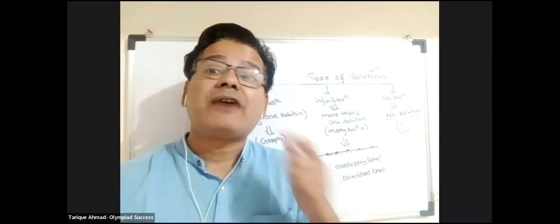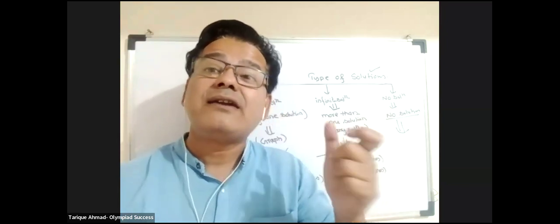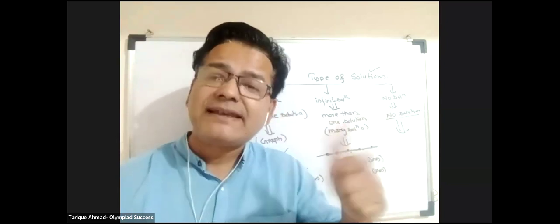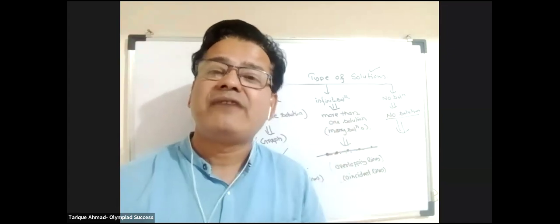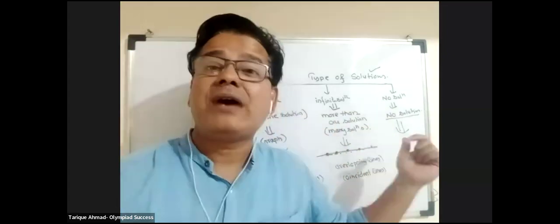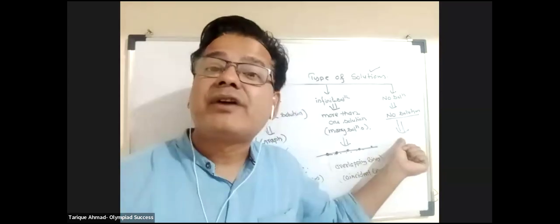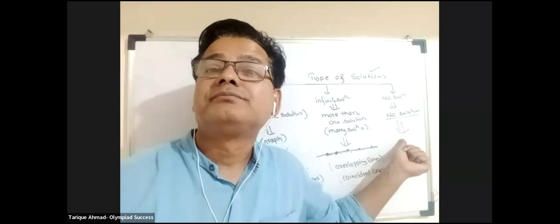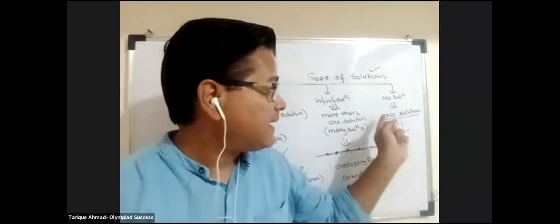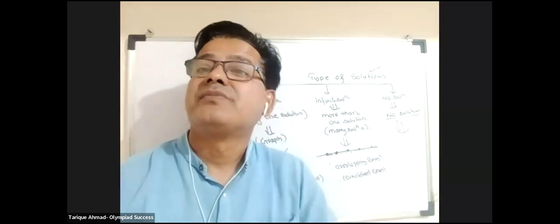What kind of graph will you get when you draw the line? I will give an example of every solution. First of all, if you have the answer for this, what kind of graph will you get if it has no solution?